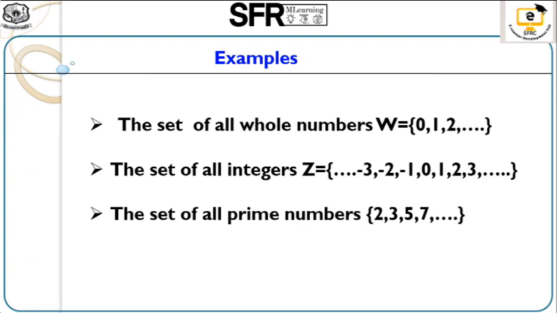Next is the set of all integers, which is also a countable set. There exists a bijection between the integers and the natural numbers, so Z is also a countable set. Next is the set of all prime numbers. The prime numbers also have a one-to-one correspondence with the natural numbers, therefore the prime numbers are also a countable set. The whole numbers, integers and prime numbers are all countable sets.